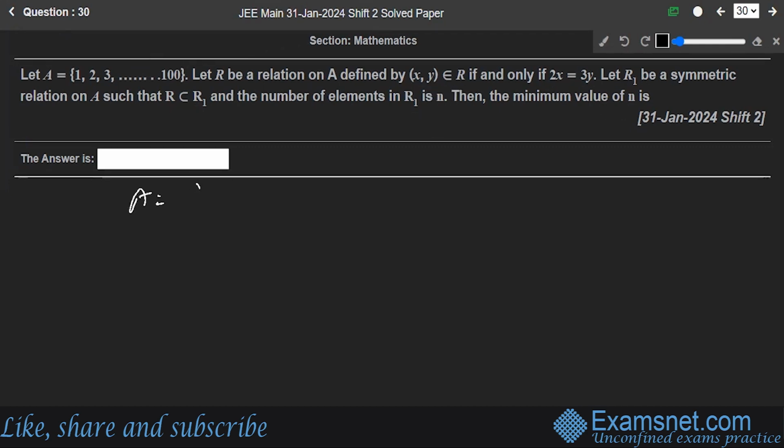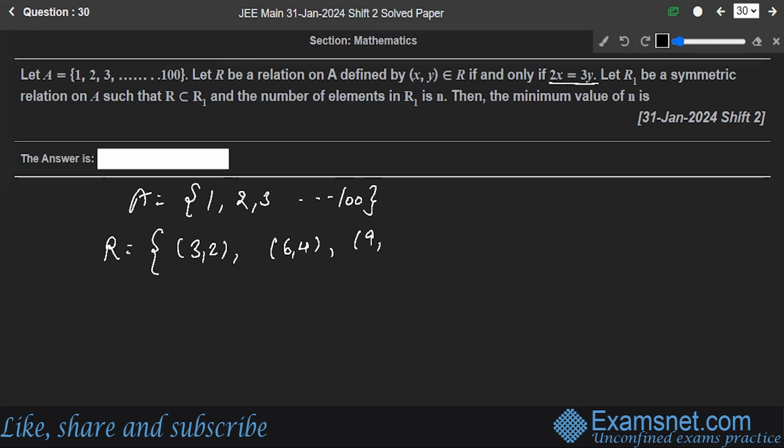You have the set A which contains 1, 2, 3 till 100, and now what will be the elements of R according to the question? It should be 2x is equal to 3y. So R will contain 3 comma 2, 6 comma 4, 9 comma 6, 12 comma 8, and so on till 99 comma 66.